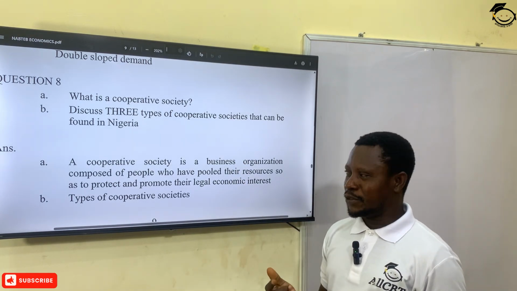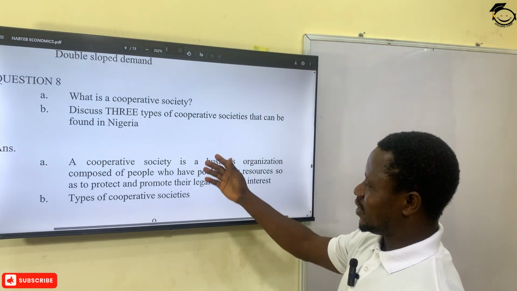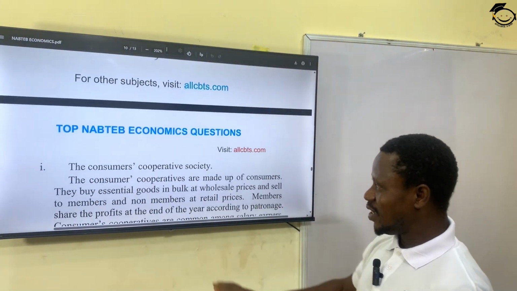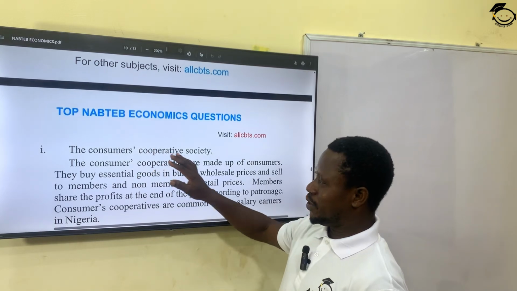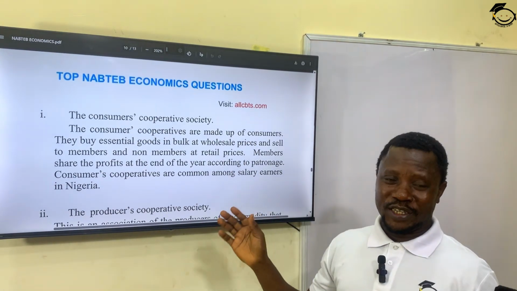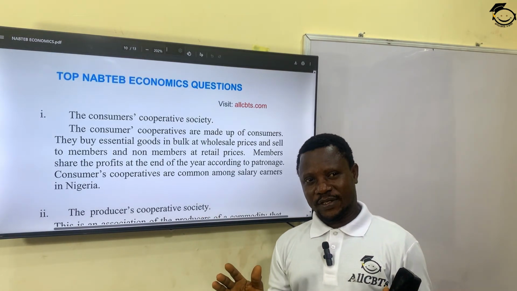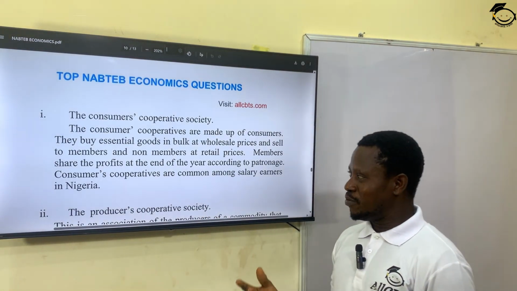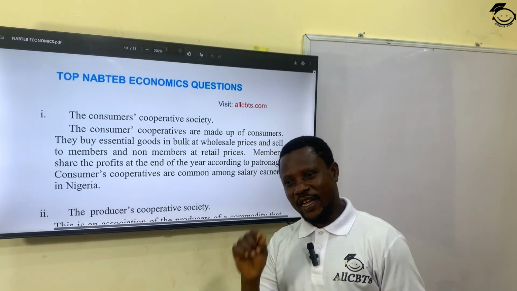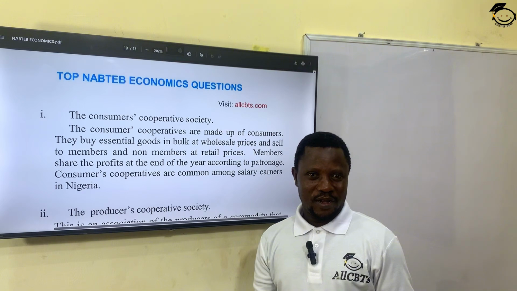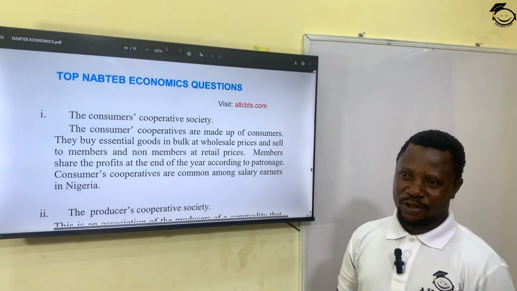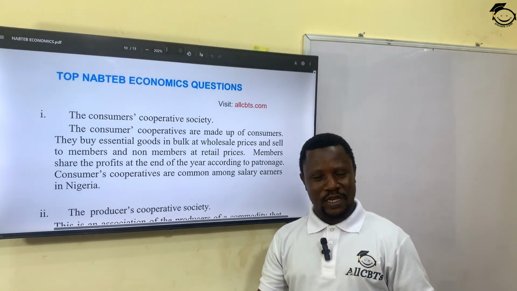I belong to one cooperative society also. Okay? So let's see the types. We have different types of cooperative society. We have the consumers cooperative society. This is very common in many workplaces, many offices. At the end of the month, when salary is being paid, the workers put their salaries together and they buy in bulk, bags of rice, cartons of turkeys and chickens and fish, cartons of milk, cartons of provisions and what have you.